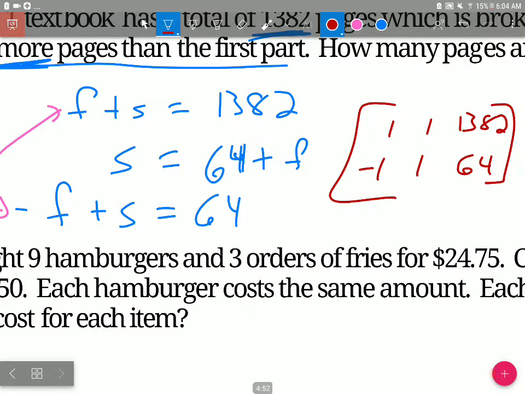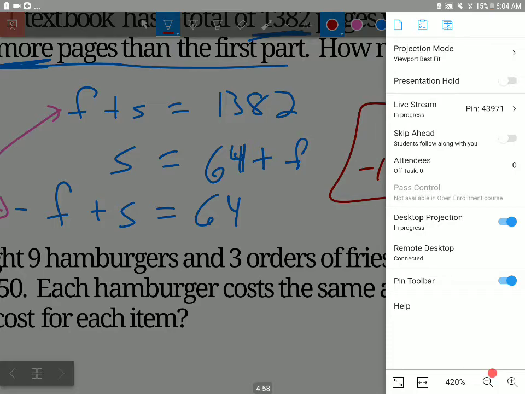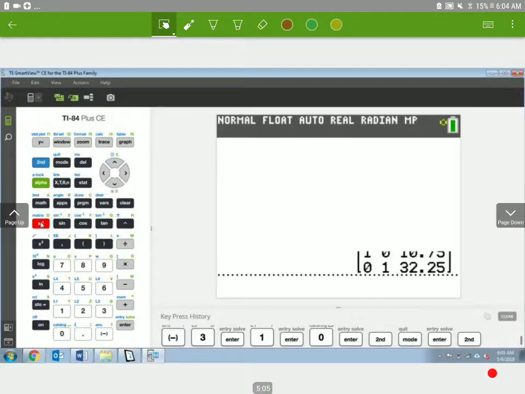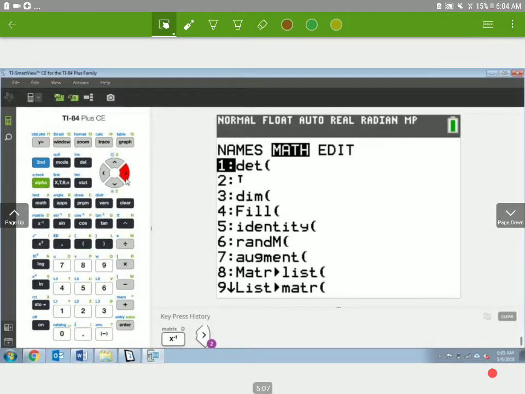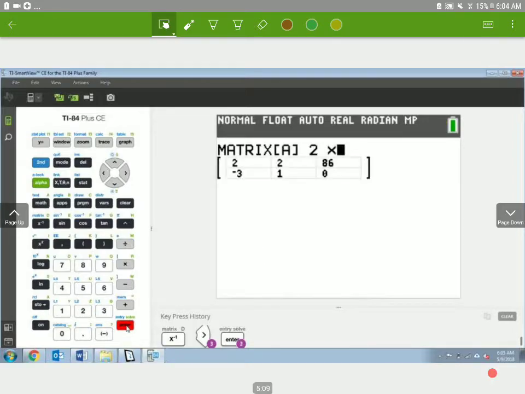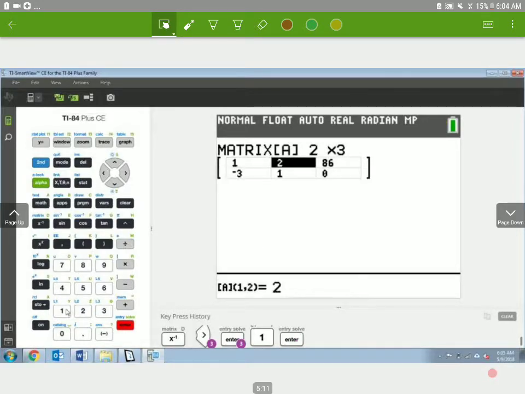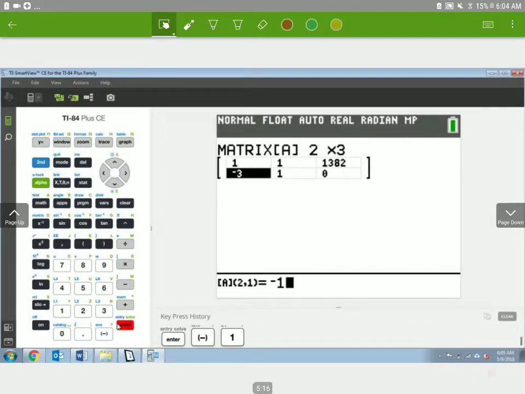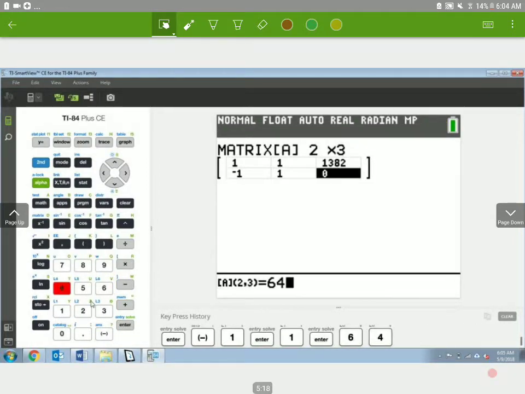Let me enter that again: 1, 1, 1382, negative 1, 1, 64. All right. Quit. Let's hit it again.